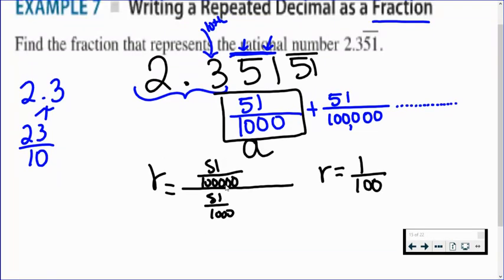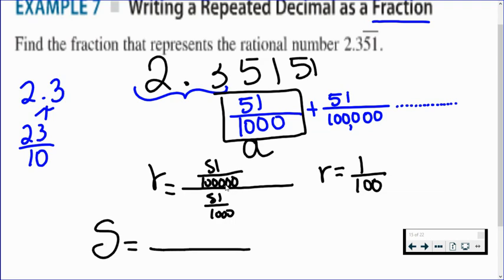But the question is to write this as a fraction. So I'm going to use the sum formula and set this up. The first number in my sequence is 51 over 1,000, over 1 minus the R value.